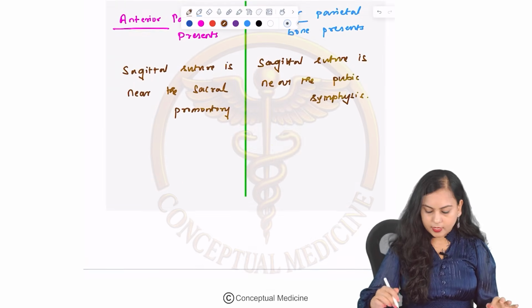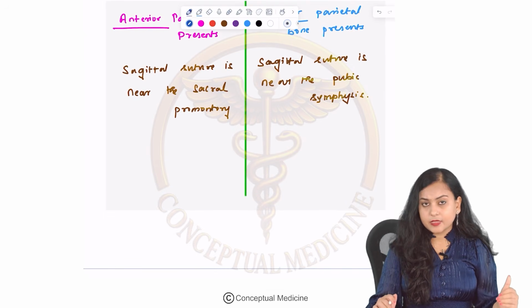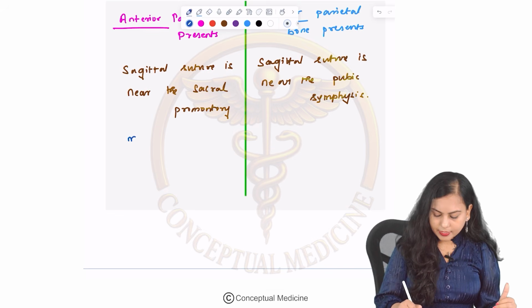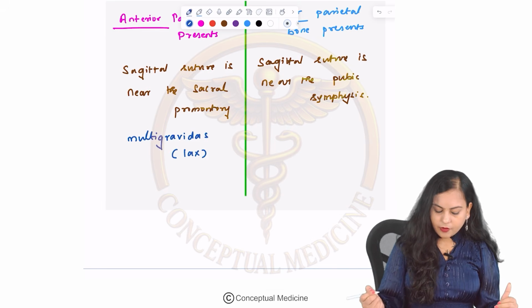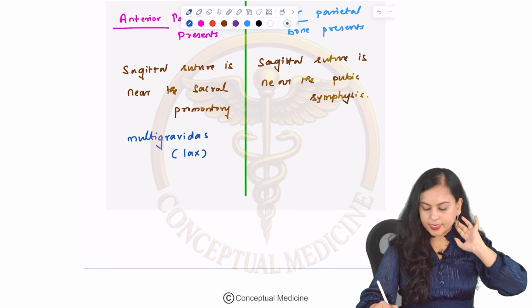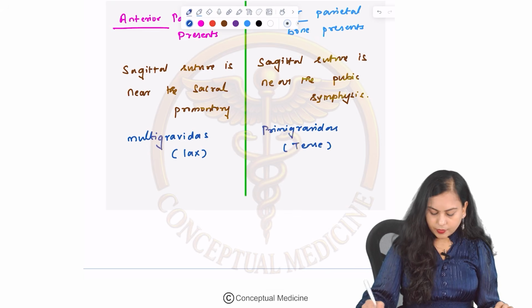Yes. And the next point is that anterior asynclitism is most commonly seen in multigravidas because of lax abdomen, whereas posterior asynclitism is commonly seen in primigravidas because we have a tense abdomen. Okay.